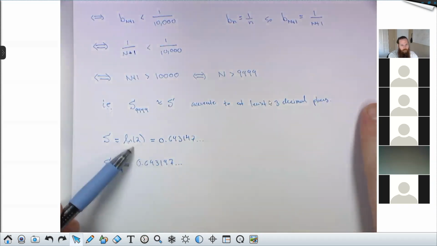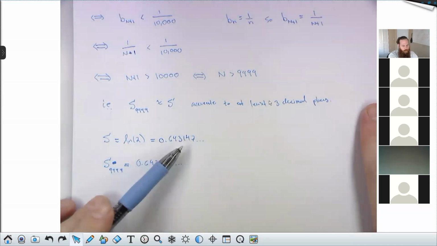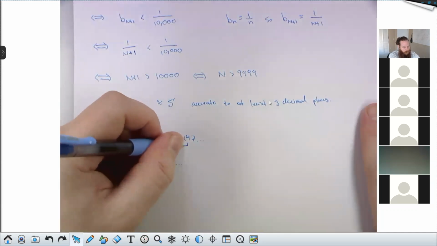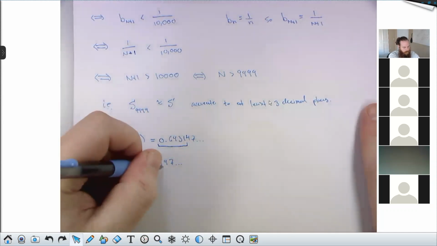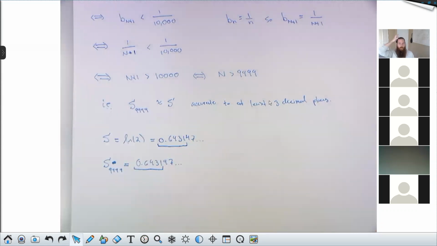The actual value of that series is the natural log of 2, which has decimal value 0.6931147. So not only are the first 3 correct, the first 4 are correct. Good precision.